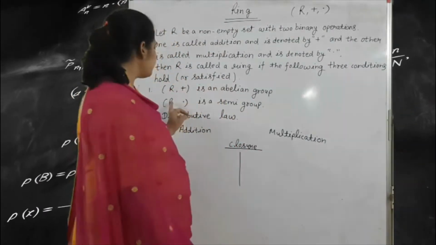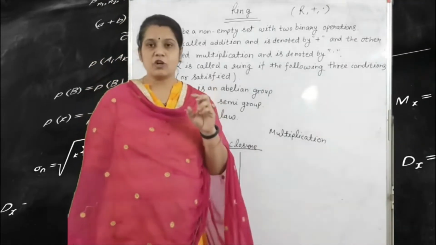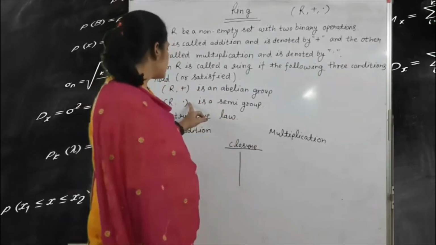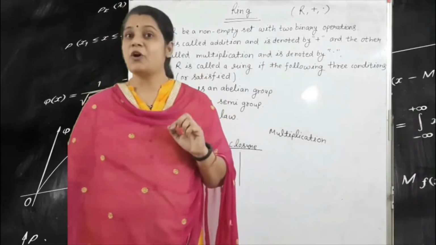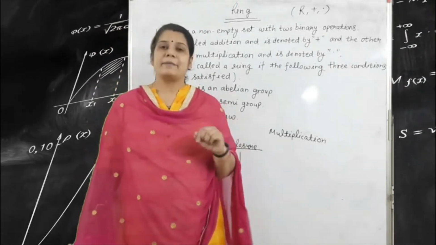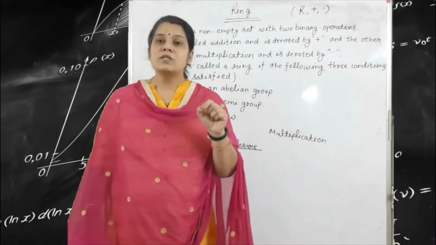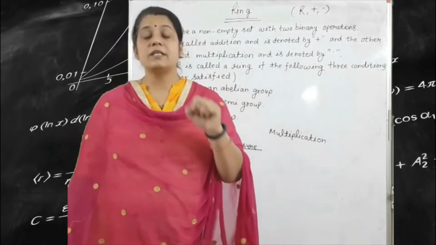Second one is R dot, dot that means multiplication. So R dot is a semigroup. What do we mean by semigroup? Semigroup means the closure and the associativity property.